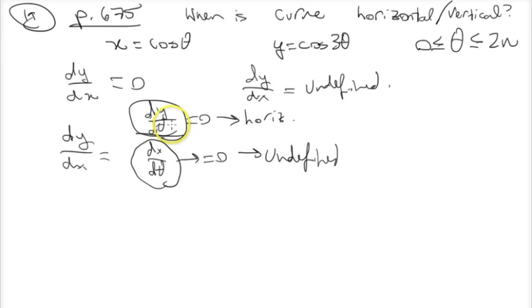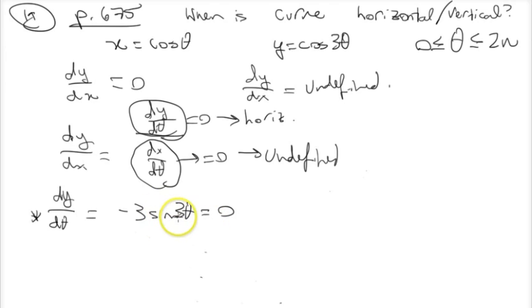So first off, we're going to figure out where it's going to be horizontal. We're just going to be dealing with the derivative of the y component, dy d theta. So dy d theta is equal to the derivative of cosine 3 theta with respect to theta. What's the derivative of cosine? Well, it's negative sine, but we're going to have to bring a 3 out, so it's negative 3 sine 3 theta, and then we ask ourselves, when's that 0?